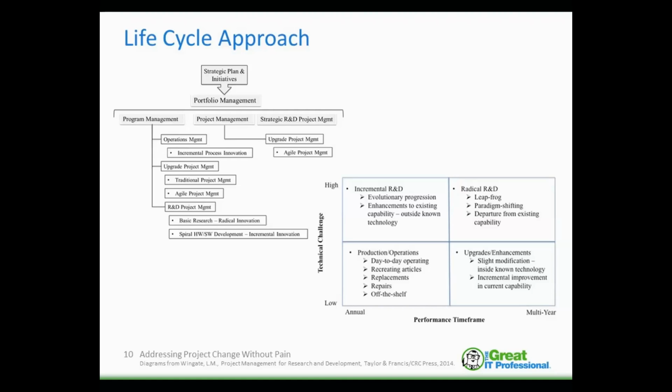Now, the later in the life cycle, the less change should be anticipated or expected, but the change will occur. The question is, can you manage that change so that you can minimize the impact to cost and schedule, which is really going to be important because it takes more money and time later in the life cycle to resolve issues. So you want to resolve those issues as early as you can.